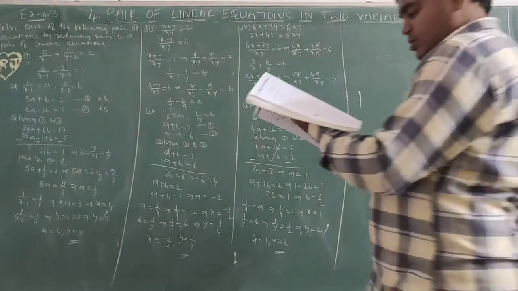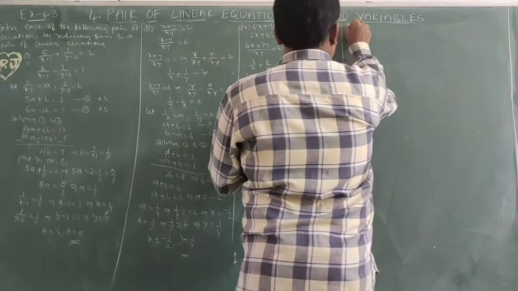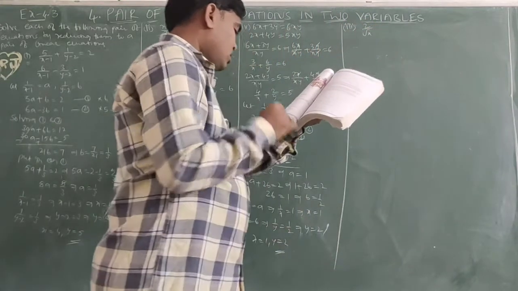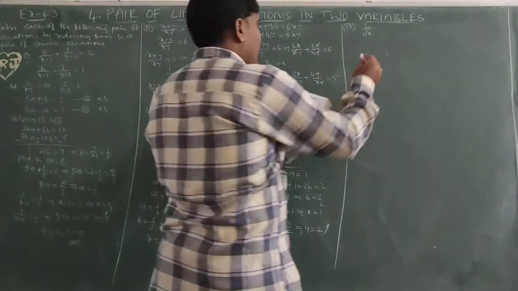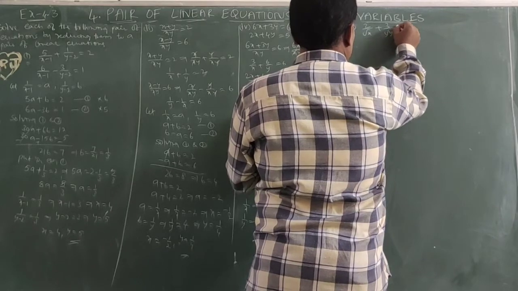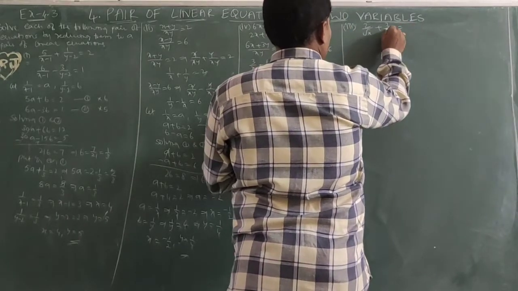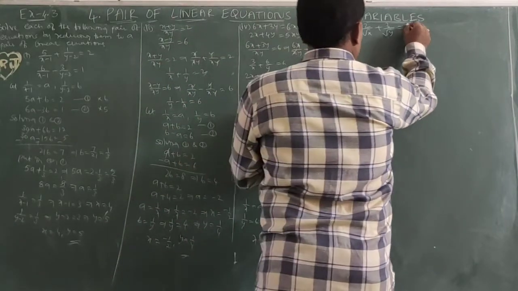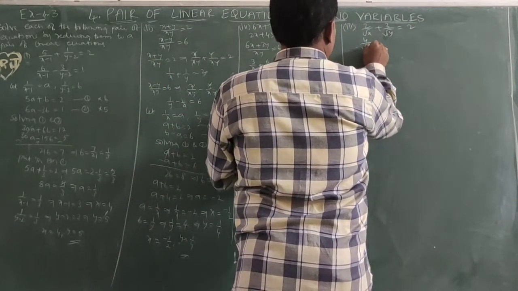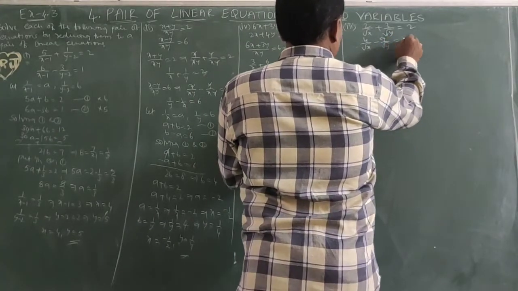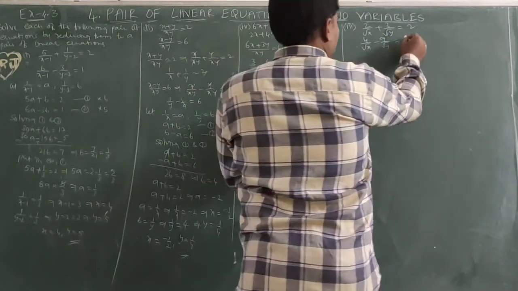So, the third one: 2 by root x plus 3 by root y equal to 4 by root x minus 9 by root y equal to minus 1.